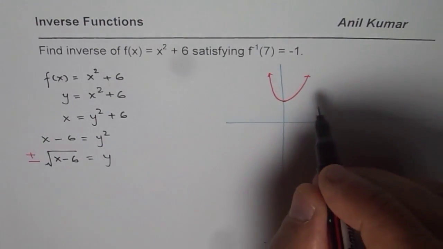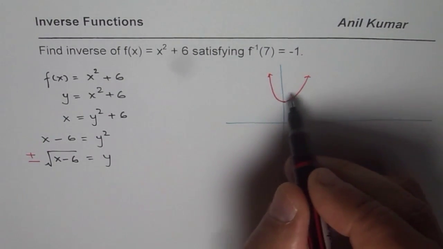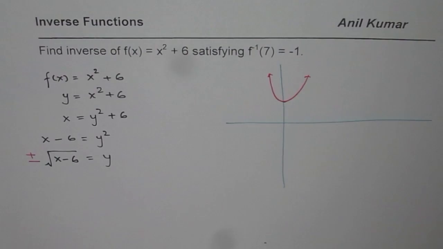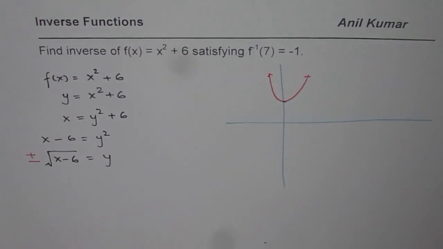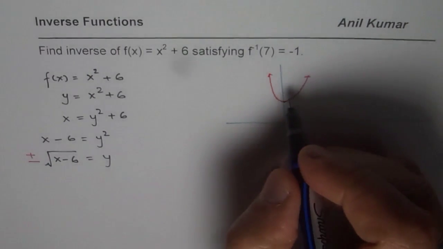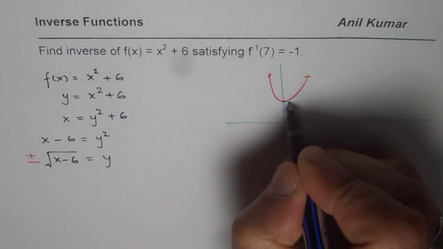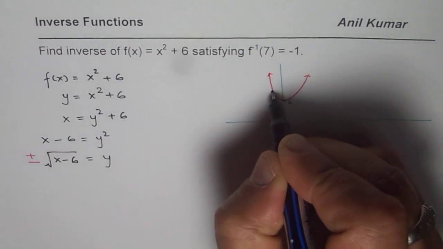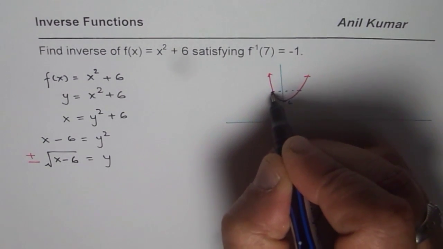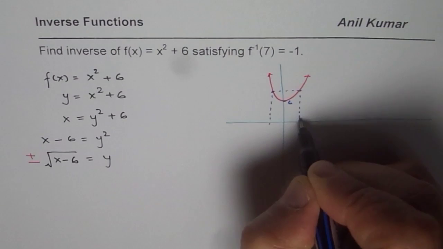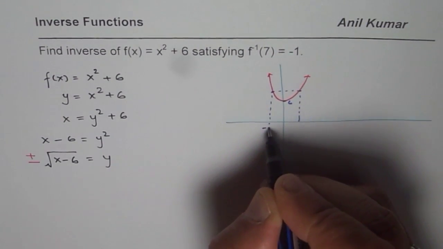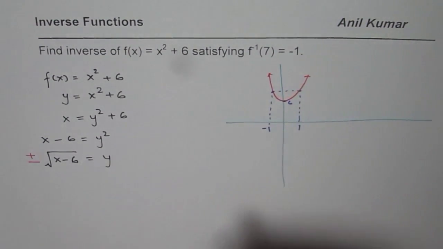Okay. Now it should be symmetrical, so not so good in any way. So basically, let me write down the points. That will make things clear. So this is 6 for us, and let us say that is 7 for us, right? Now for the y value of 7, we could have minus 1 or plus 1, correct?